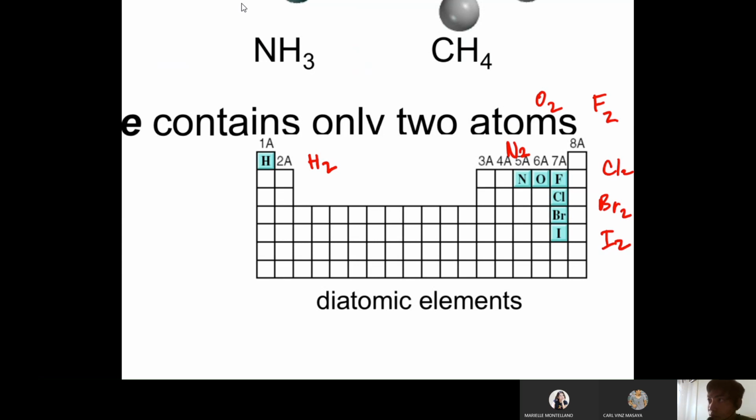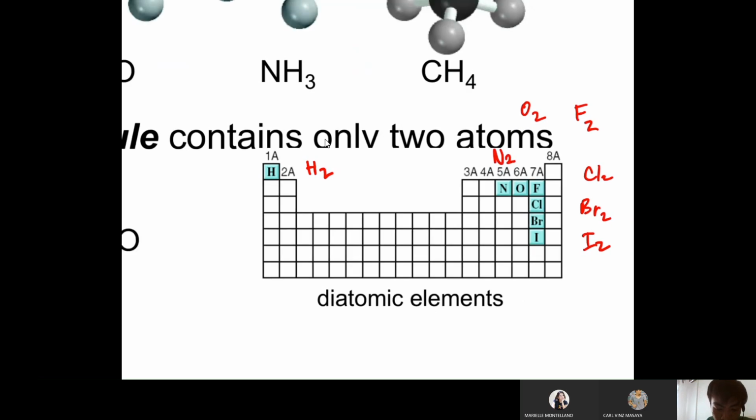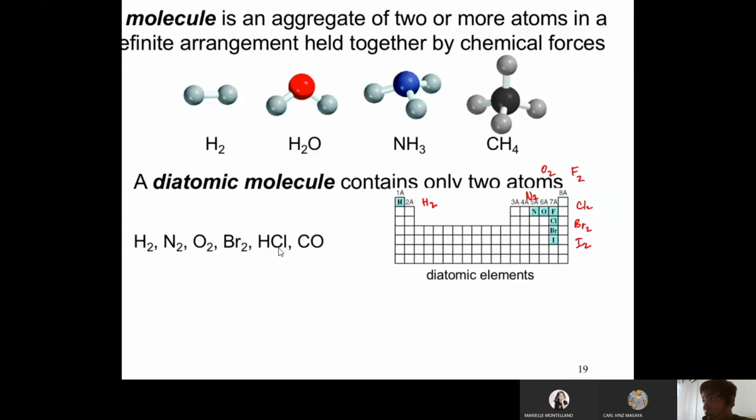And also, hindi lang naman sila limited with partnering with themselves. Hindi naman sila forever alone. They can also pair with other atoms here. For example, yung HCl, yung muriatic acid. So, hydrogen will pair with Cl. Carbon monoxide, carbon will pair with oxygen.